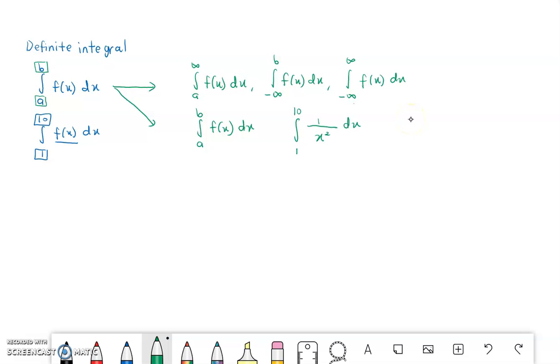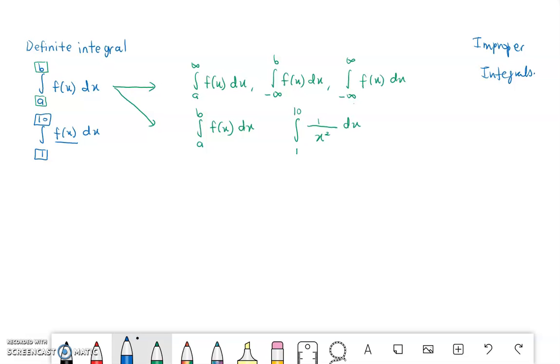For both cases, these are what we call improper integrals.